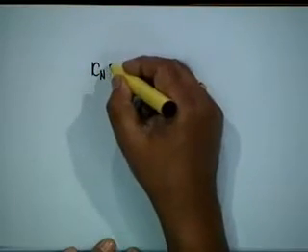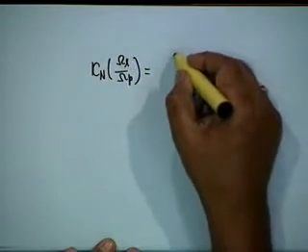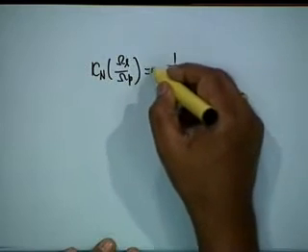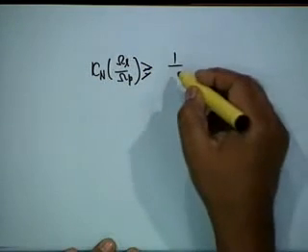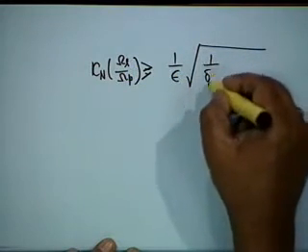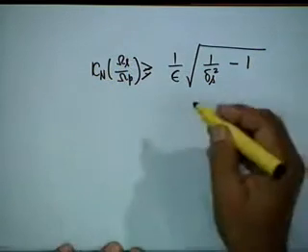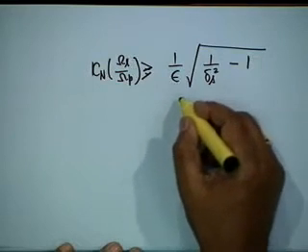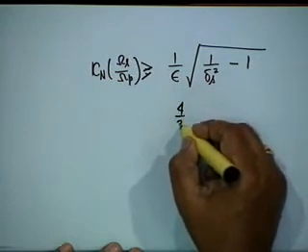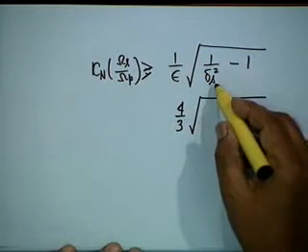So, the next thing, let us use this relation, that is Cn of omega s by omega p should be greater than or equal to 1 over epsilon times square root of 1 by delta s squared minus 1, the relationship that we have just established. Now, 1 by epsilon is 4 by 3 and delta s is 0.2.